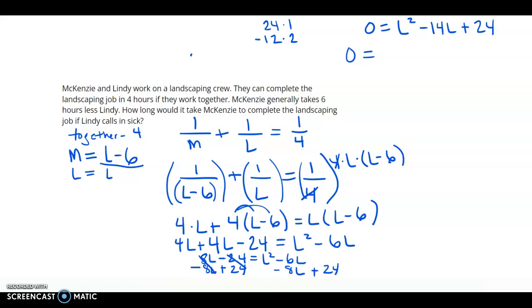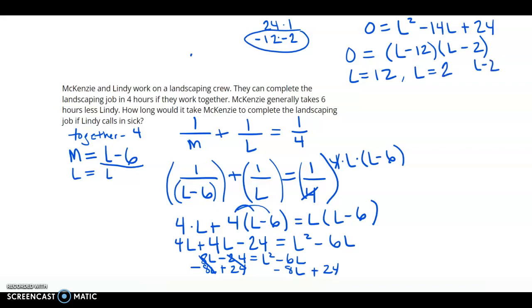Negative 12 times negative 2 does equal a positive 24, and negative 12 plus negative 2 does equal negative 14, so that will work. So we write L minus 12 times L minus 2, and set those both equal to 0. So L equals 12 and L equals 2.